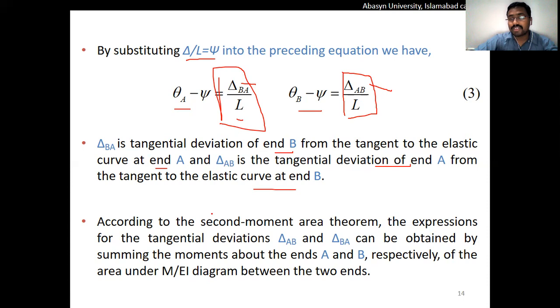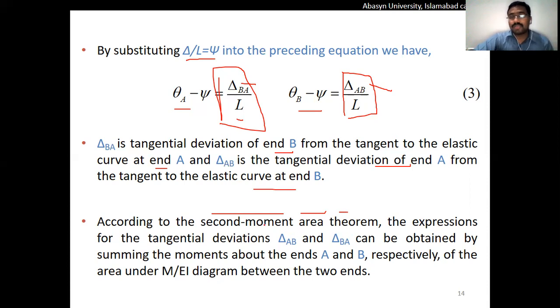Now, as far as the second moment area theorem is concerned, which you have studied in structure analysis one, you have probably applied this theorem in order to solve the rotation and the deflection as well. You have studied the first moment area theorem and the second moment area theorem, and we will apply these theorems here in order to derive these slope and deflection equations.